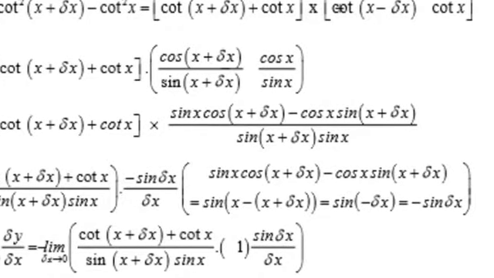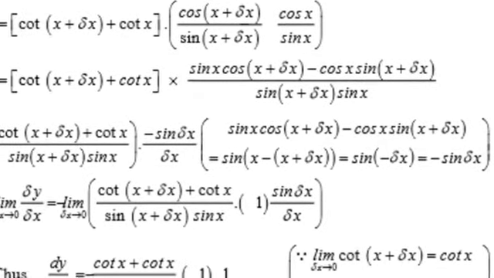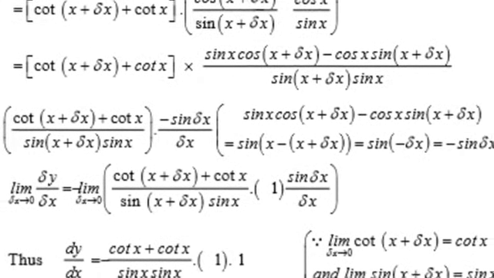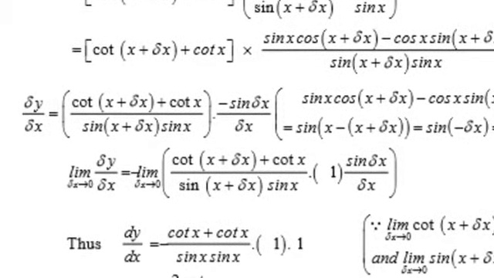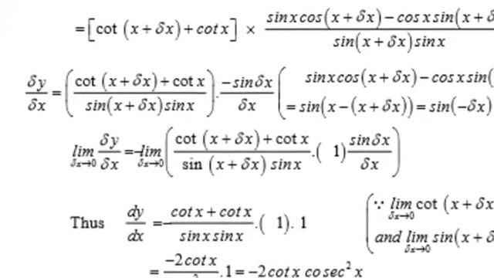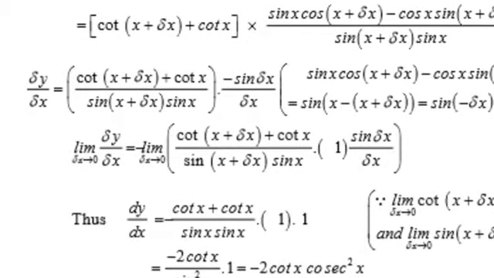Cot is cos over sin, taking the LCM, and its formula is sin (alpha minus beta). So if we have a negative in the angle of sin, we move it to the outer side, and then we put the limit.